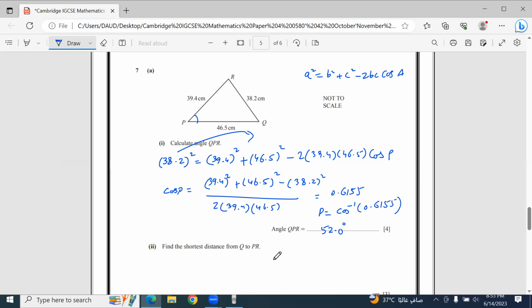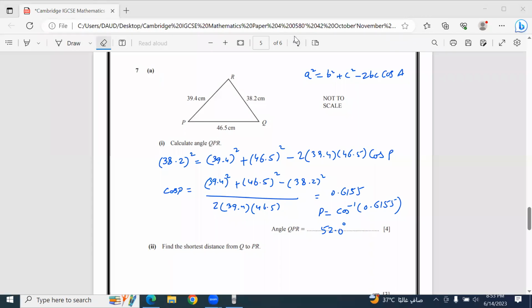Next, find the shortest distance from Q to PR. Check carefully. To find the distance from Q to PR, we have to draw a perpendicular through Q, which looks like 90 degrees at PR.